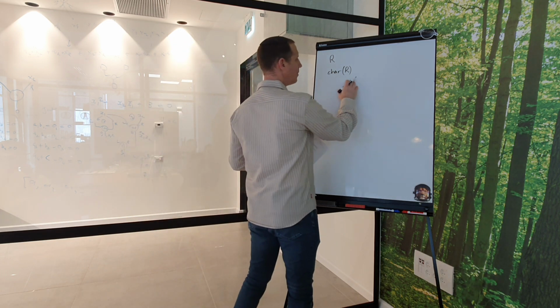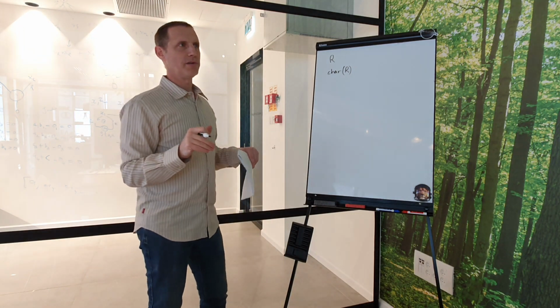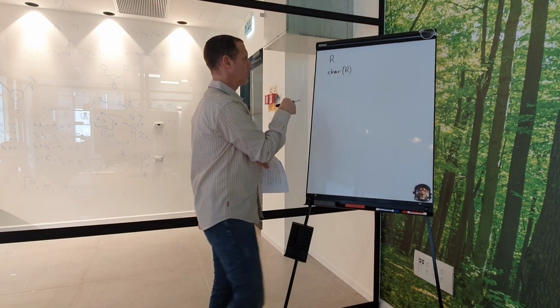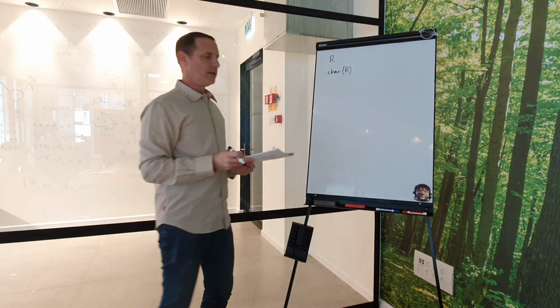The way that we define this is maybe a bit of a tricky definition, and then I'll show what happens when R actually has an identity, and then we can have a much simpler definition.